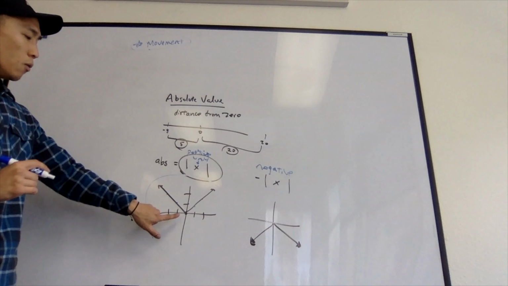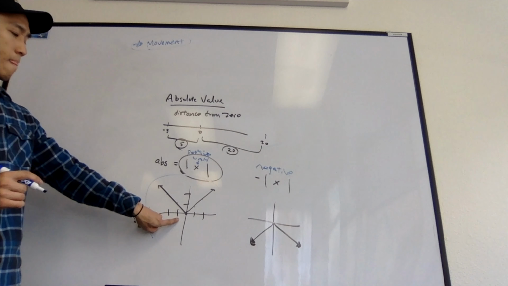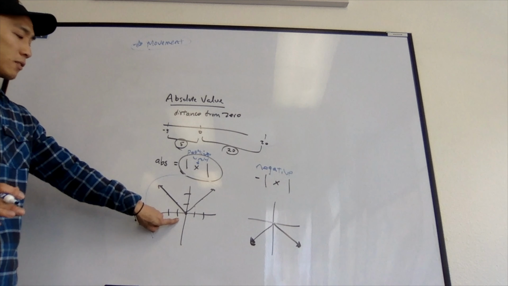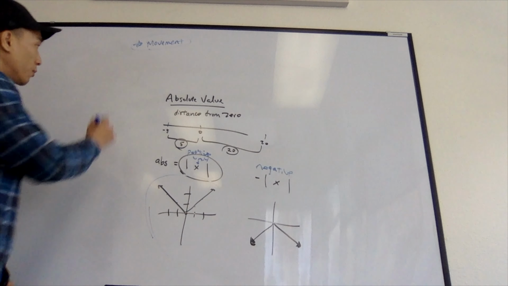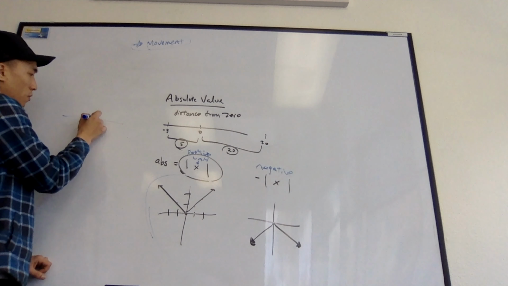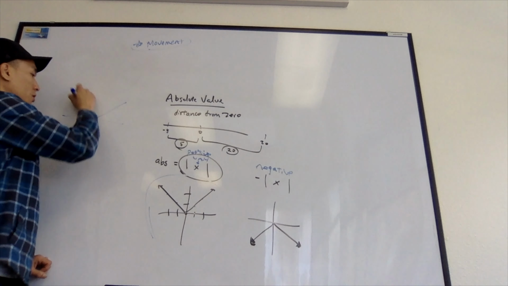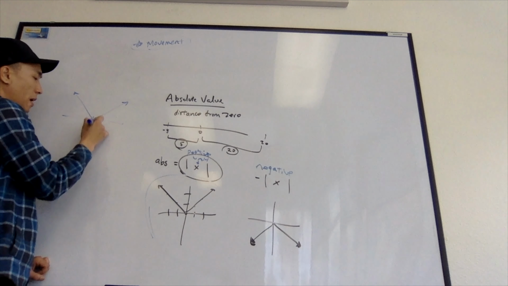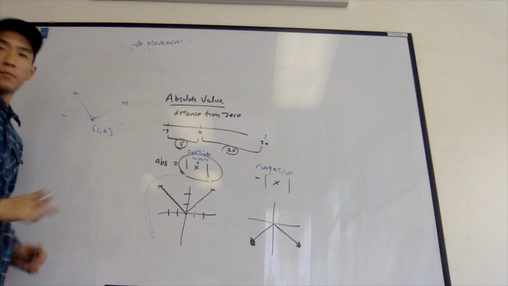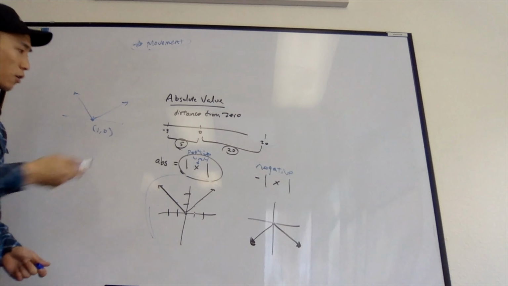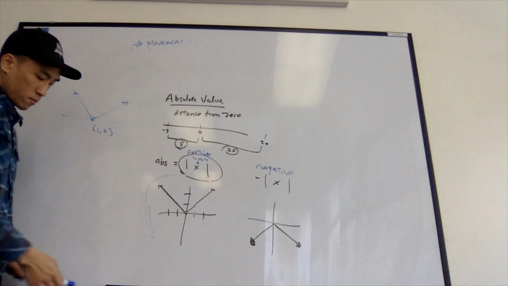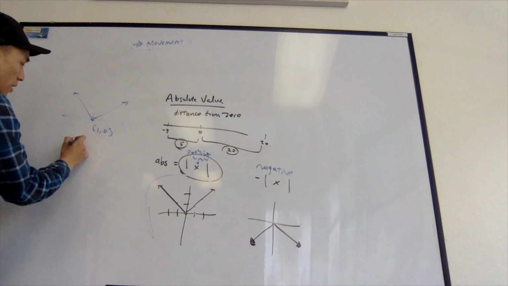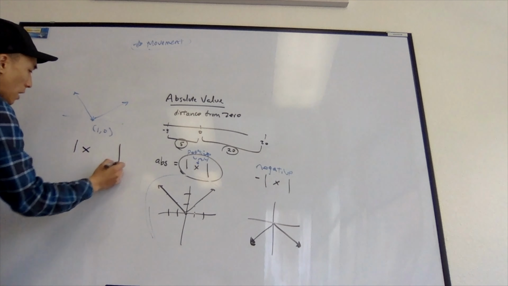So there's two ways we could talk about this. If I wanted to move this dot over here, what we end up with is the V, but it starts now at 1, 0. What would our equation now be? What would change? The number in the middle. Instead of x, what happens to x?